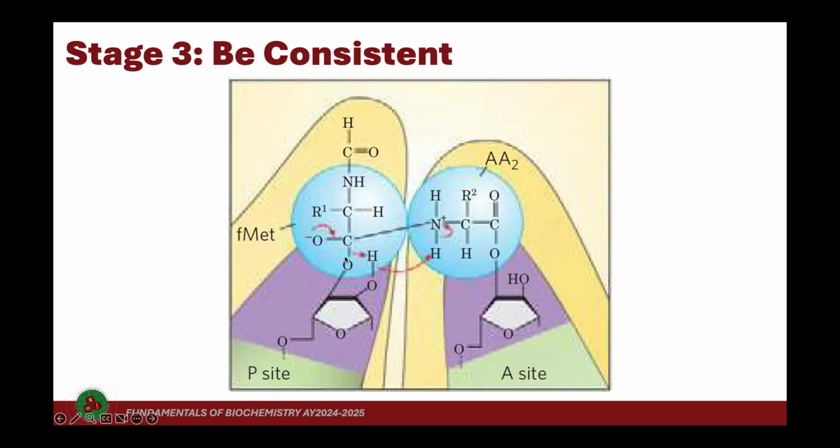Okay, so this oxygen bound to this alpha carbon of your first amino acid. Sorry, no, this is the alpha carbon. It's bound to the carboxyl carbon. Okay, this oxygen, this bond will break.